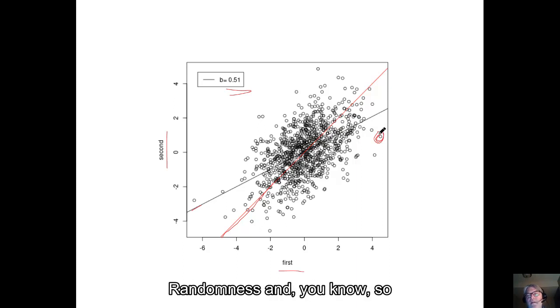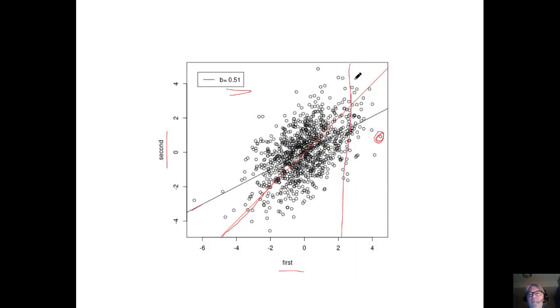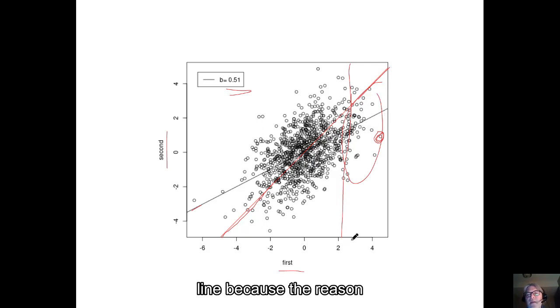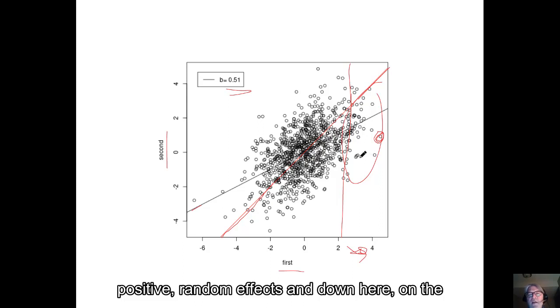And so on this side of the graph, if we look at the highest in terms of score 1, and we look at the one-to-one line, most of them are falling below that line because the reason they're high in the first measurement is a combination of they are skilled, but also they had positive random effects.